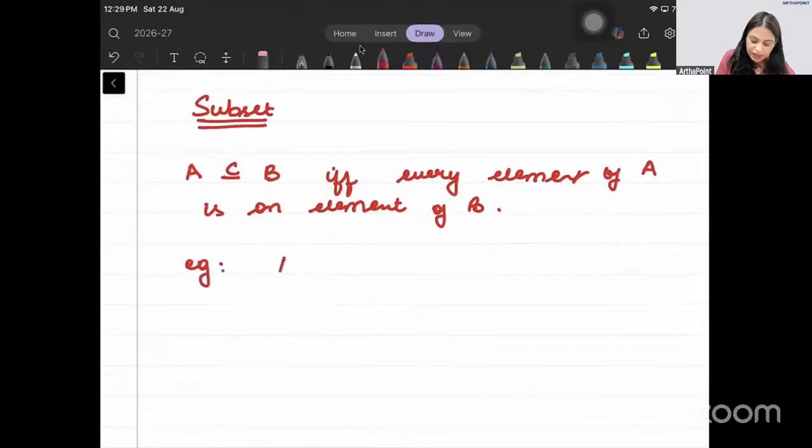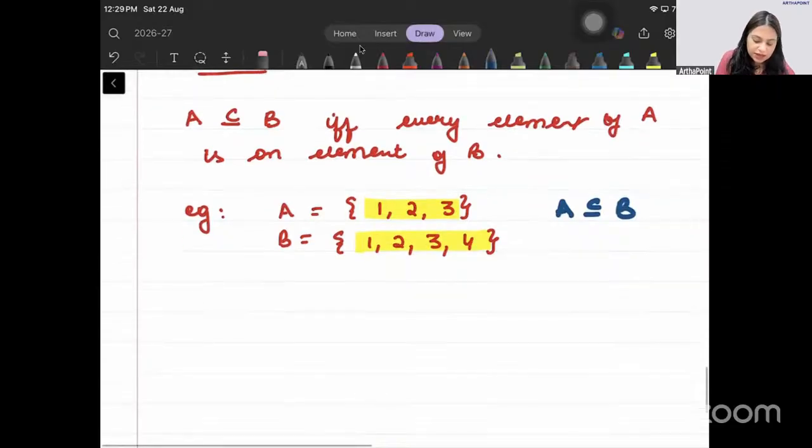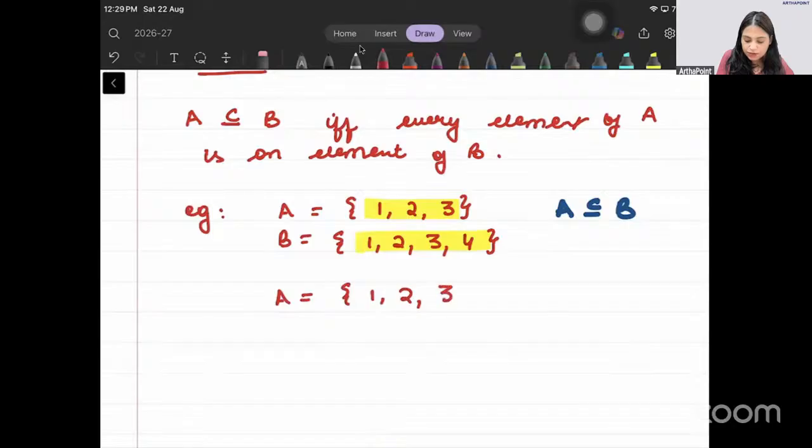Example, if I say A is 1, 2, 3, B is 1, 2, 3, 4. So whatever is in A is in B. A contains whatever A contains, वो सब B में आ ही रहा है. So we will say A is a subset of B. Similarly, let's say A is 1, 2, 3, B is 1, 2, 3.